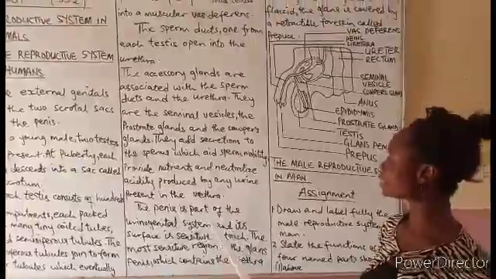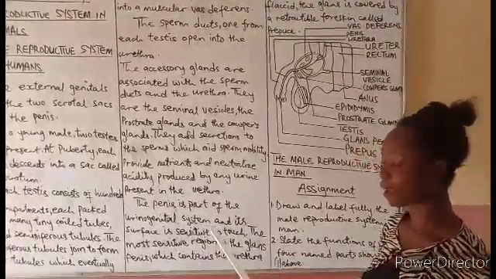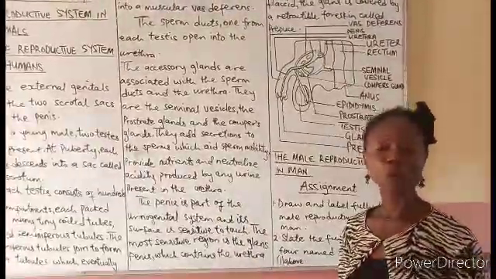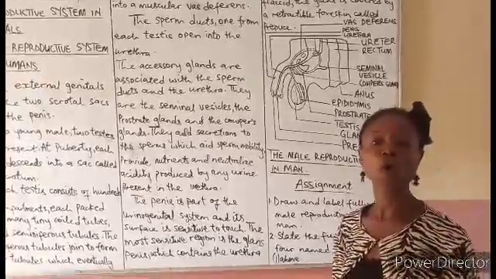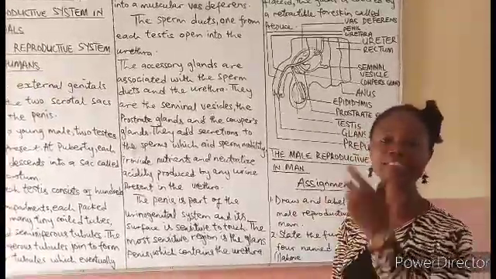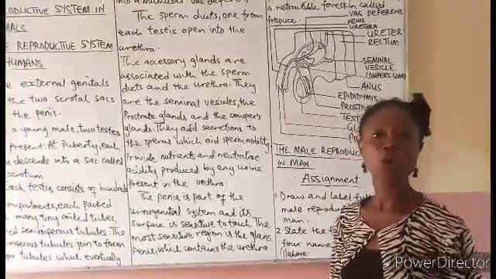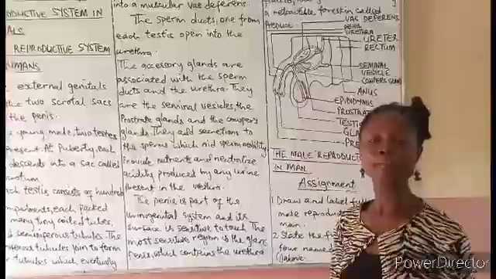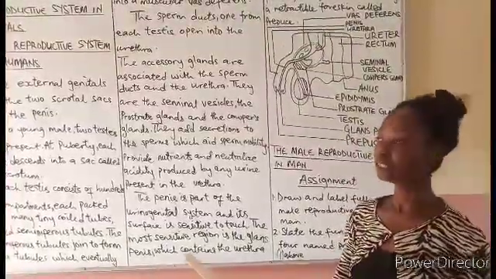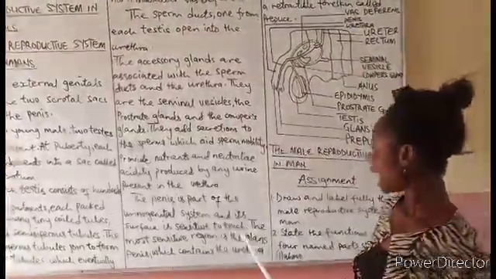Now, the next structure is the penis. The penis is part of the urinogenital system. Why is it so? Because it helps to convey urine and sperm to the exterior, and it is also useful in penetrating the female genital tract.